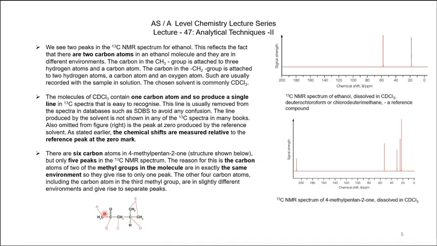So here we have different environments: 1, 2, 3, 4, and 5 carbon atoms. Therefore, we are getting 5 signals for this. Now, I believe we understand what we have to look for in the spectrum.